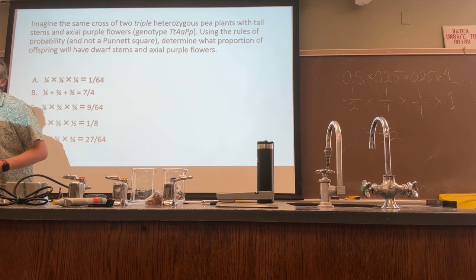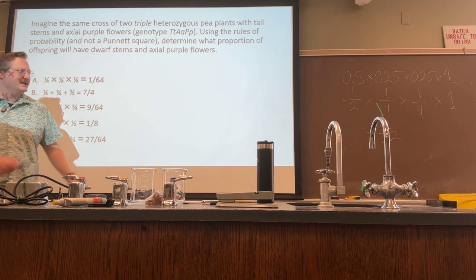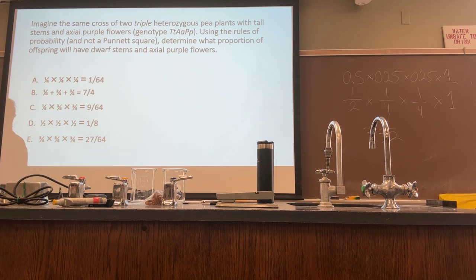Sure, I could write it all out, or you know how a monohybrid cross works. You've seen them already. What proportion of offspring are going to be homozygous recessive for T? 1/4. What proportion are going to be dominant phenotype for A? Half?